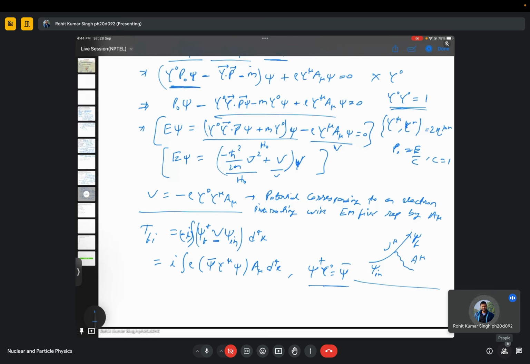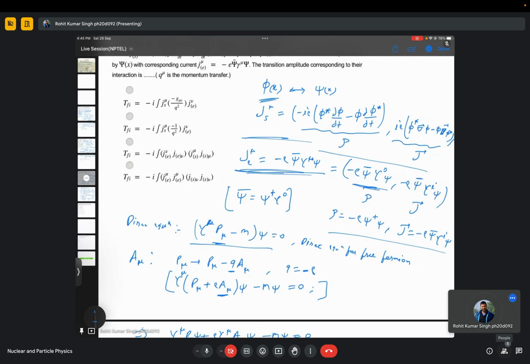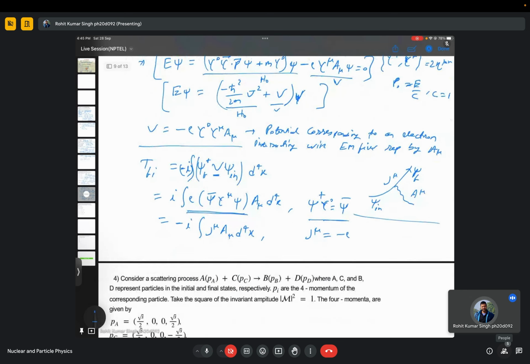So this is the transition amplitude now, and you remember this one, right? We can write it like this, because I wrote here that the four-vector current J mu is given by minus e psi bar gamma mu psi.